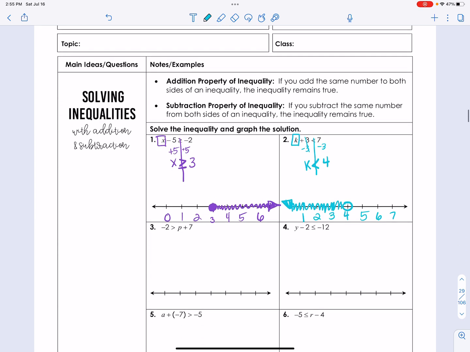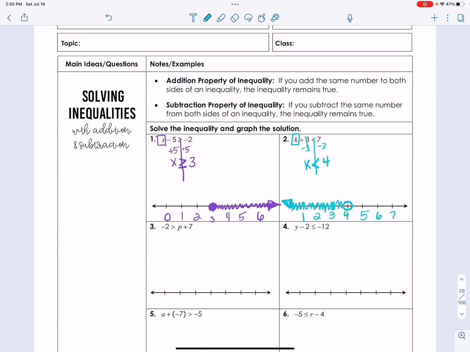Okay, I'm going to look at the next one. Now, remember what I told you before. When the variable is on this side, if I were you, I would rewrite it and flip it. It's going to be pointed at the P, and I would flip it this way just to read it a little bit better. So then I'm going to make my line, and you could have done the math first. It wouldn't have mattered. So it's being added by 7, so I'm going to minus 7.